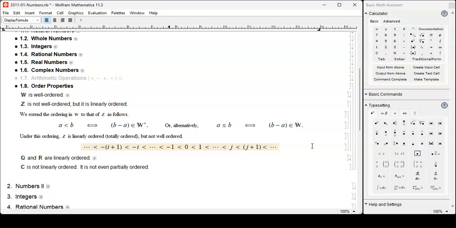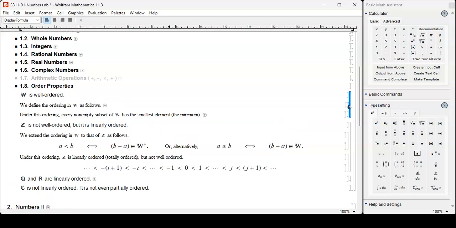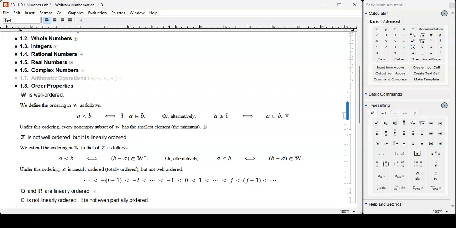Both to the right and left, we have well-ordered progression, here to the right and also to the left. But put everything together, then it's not well-ordered. So the definition of ordering in W is like this, using set theory.